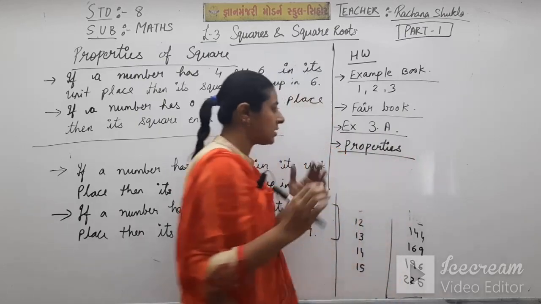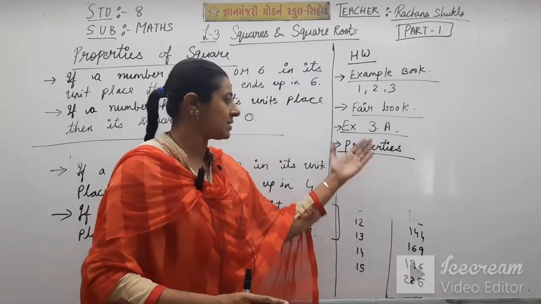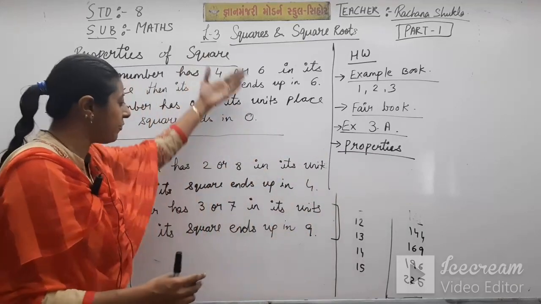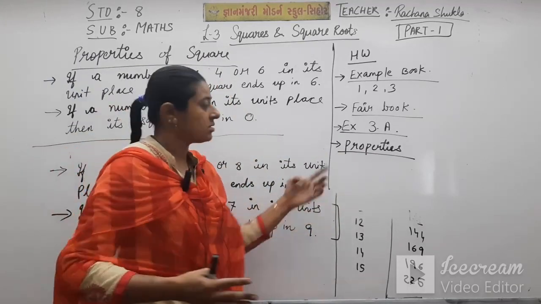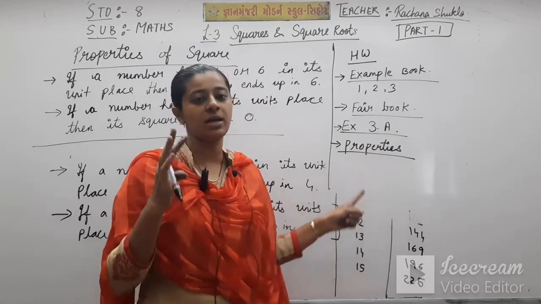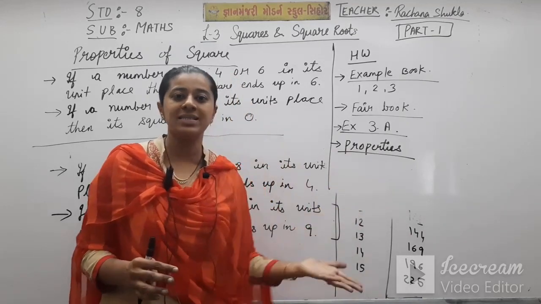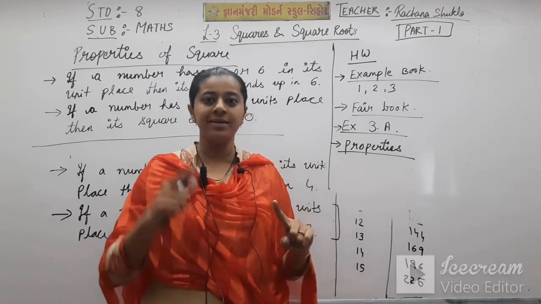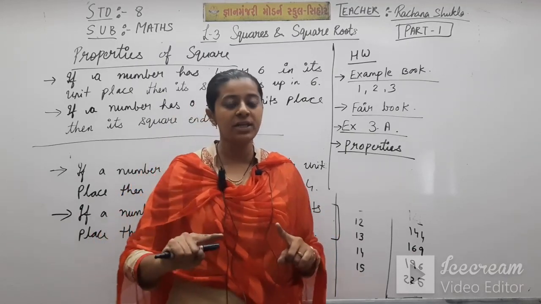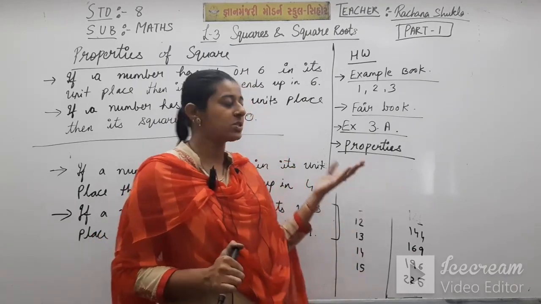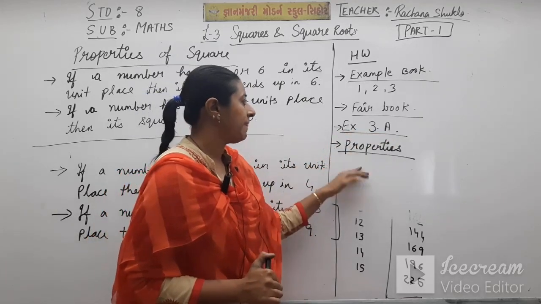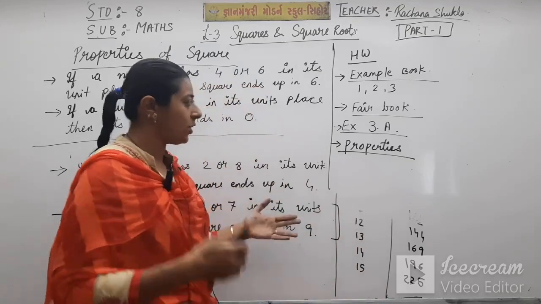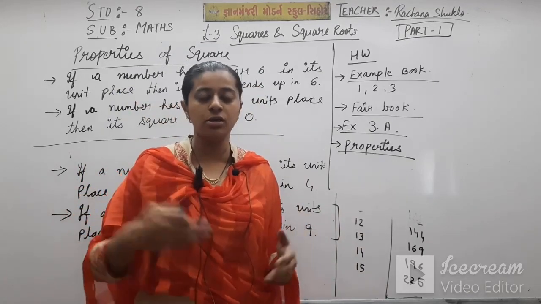I repeat once again, first solve exercise 3a, then note down the 2 properties that I have written here. First you will write the introduction part, the definition, after that you will solve exercise 3a, and then you will write down the properties. So it will be a continuation, a link in your fair book.